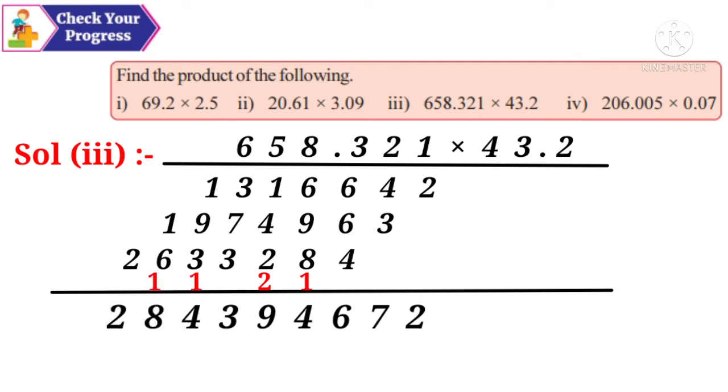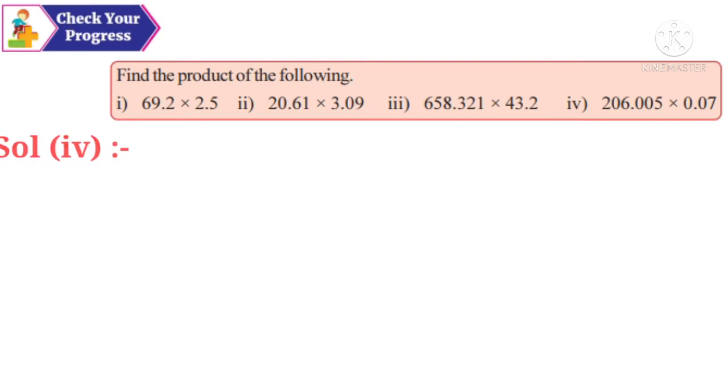So that there are 3 decimal places in first number and 1 decimal place in second number. So total 4 decimals. So we have to count from right side to left side. After 4 digits we have to put the decimal point. So that is equal to 28,439.4672.